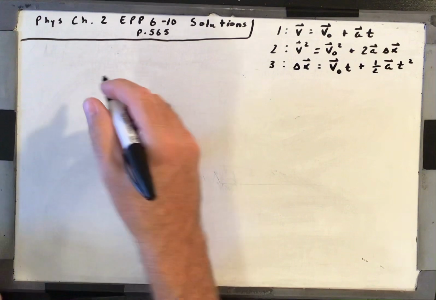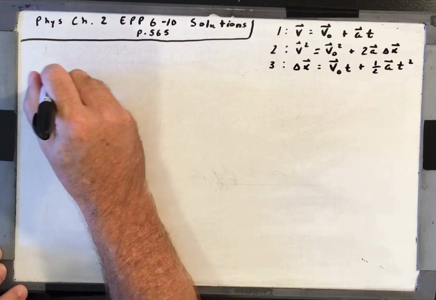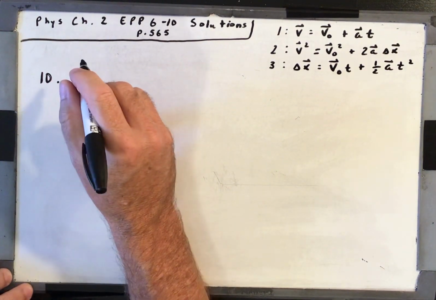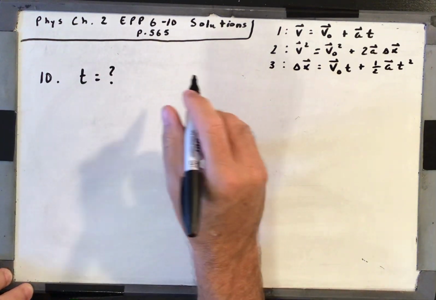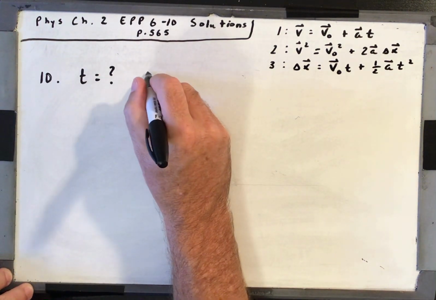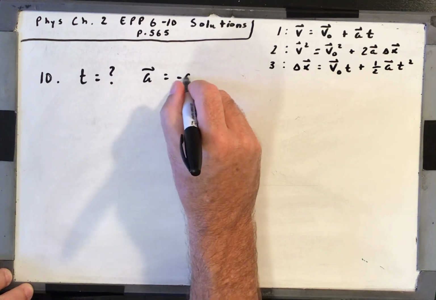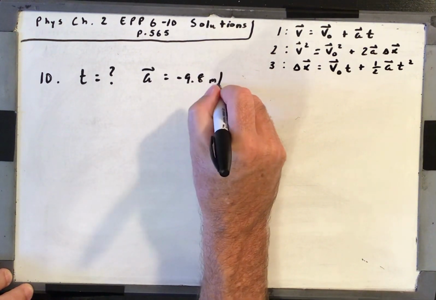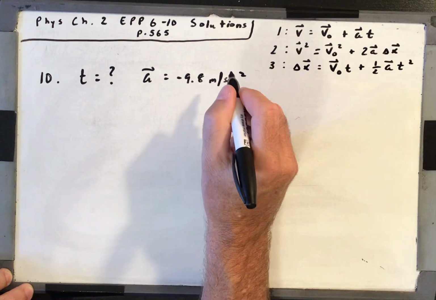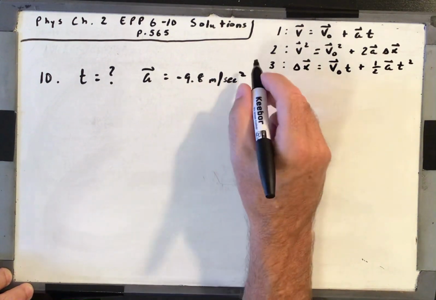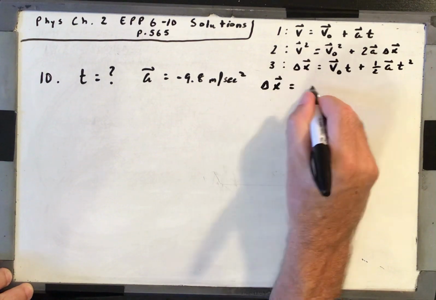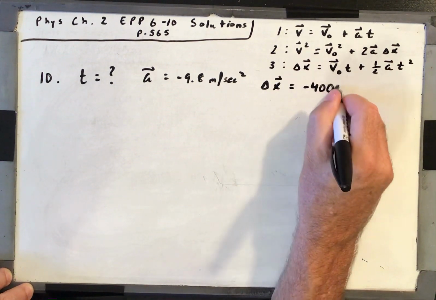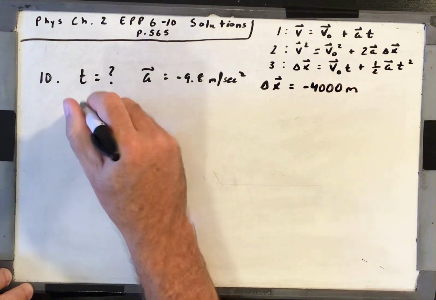Okay, let's write out what we know. So we want to know how long will it take to reach the ground. So time. We know acceleration is negative 9.8 meters per second squared. Okay, we know that delta x is negative 4,000 meters, not 4,000, negative 4,000.